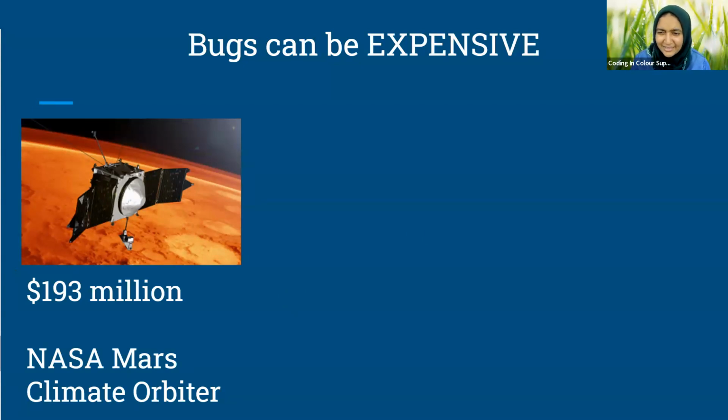It was something about data conversions being wrong or something being off like that. And the orbiter entered orbit too close, burned up in the atmosphere and just kaput. It was supposed to just go and stay in orbit, but bye-bye expensive satellite. It cost NASA $193 million.